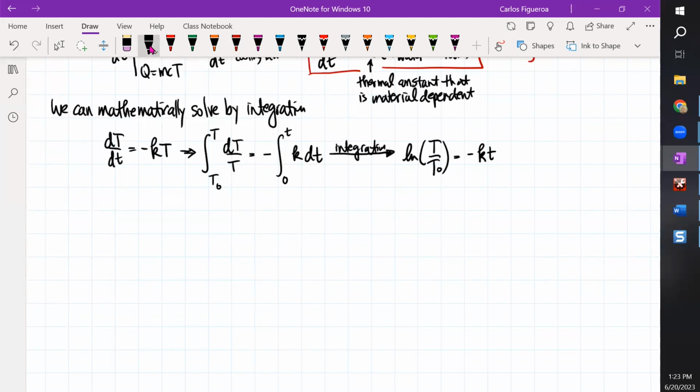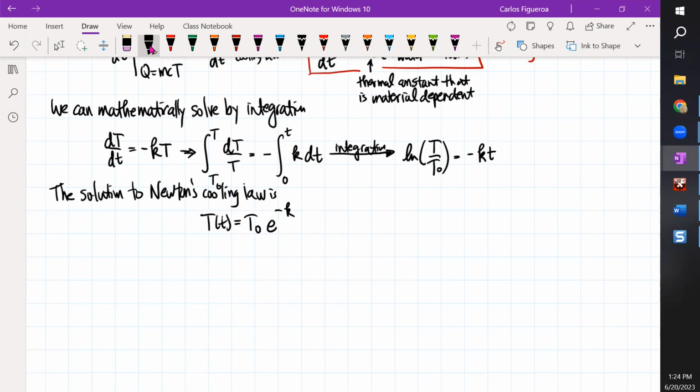Then if I take the exponential of both sides, the solution to Newton's cooling law is going to read: the temperature as a function of time is the initial temperature times e to the minus kt, where T naught is the initial temperature of the water. That is the solution to Newton's cooling law.